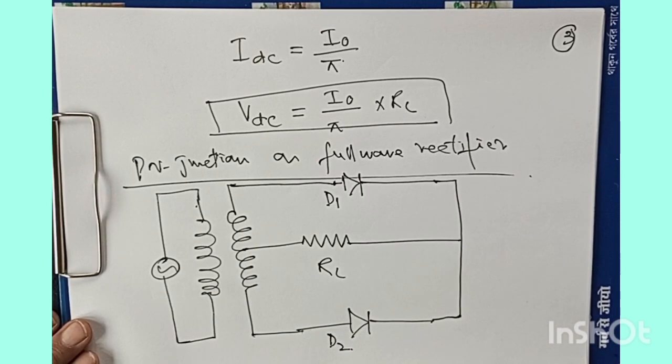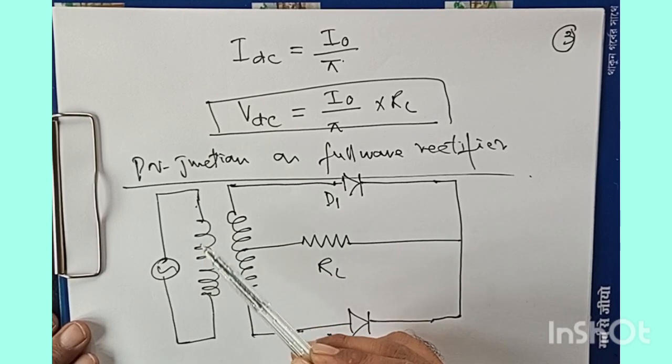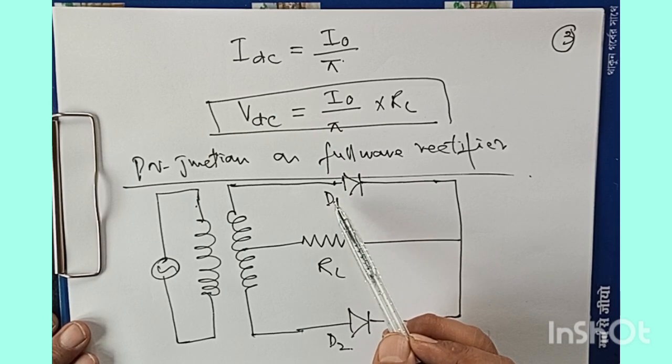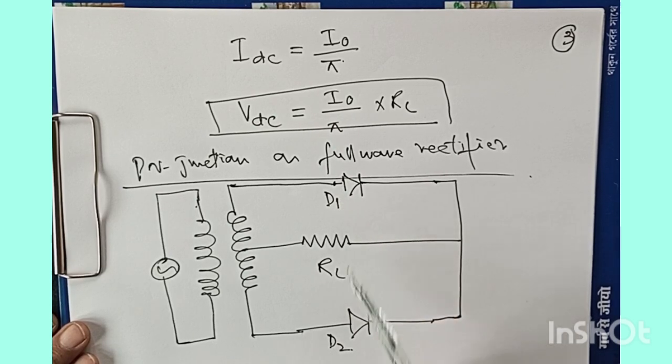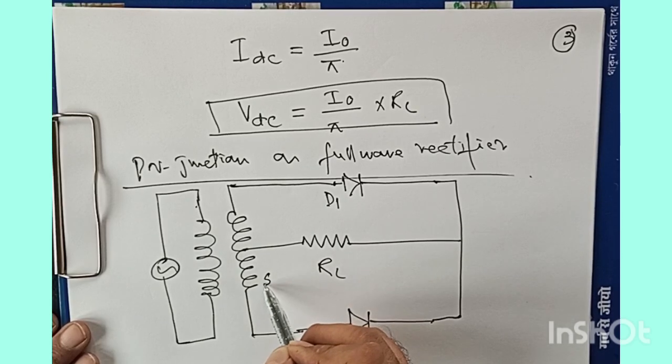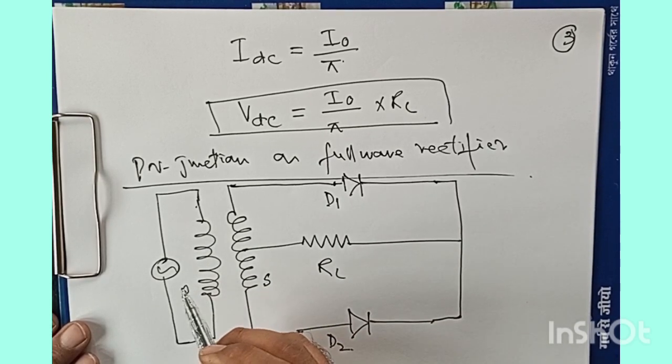Now, we can see from the figure that we are making use of two PN junctions, right? So how to explain what's going on? The AC input signal is fed to the primary coil of the transformer, and the P regions of both the diodes D1 and D2 are connected to the two ends of the secondary coil S. So this is our secondary coil, and this is our primary coil.